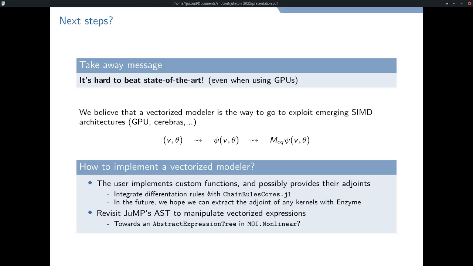This means at some point we will have to revisit the way we write down the JuMP abstract symbolic trees in order to support vectorized expression. But we will love seeing some work on abstract expression tree inside MOI nonlinear. And of course, we will be happy to help on that.